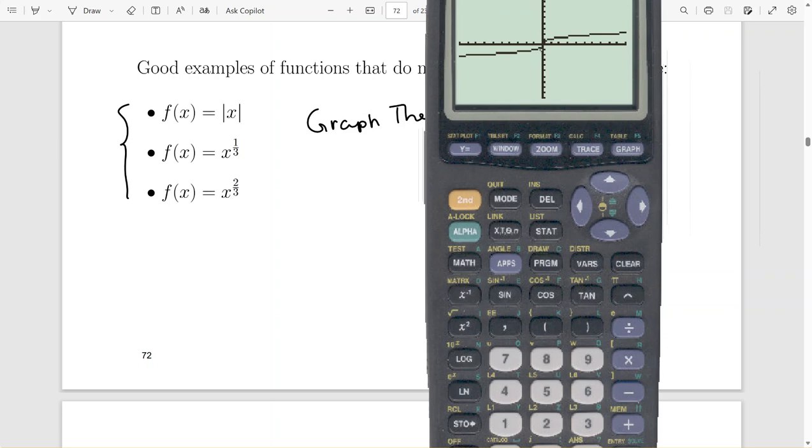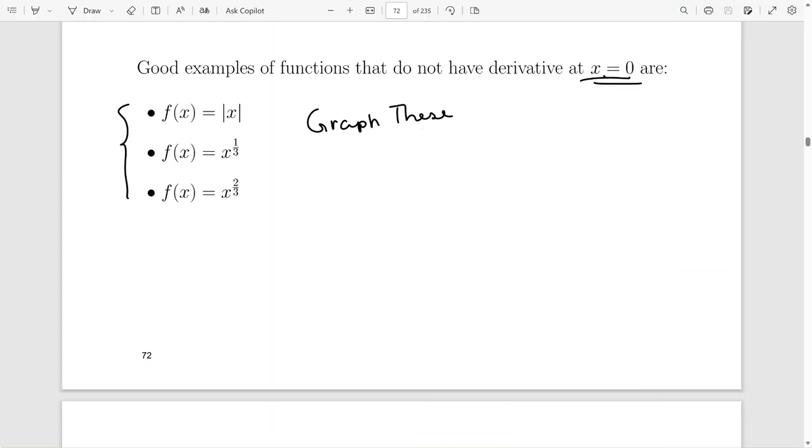At x equals 0, the slope goes vertical right there. So that's why this one doesn't have a derivative at x equals 0, because you have a vertical tangent line.